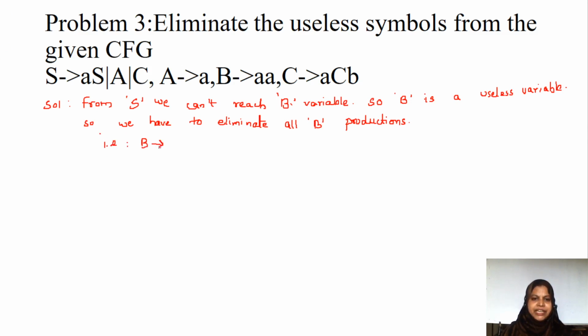B tends to AA is my production, so I am going to eliminate this one. B tends to A generates a string, but it can't be reached from the starting symbol. That's the reason B is a useless production.